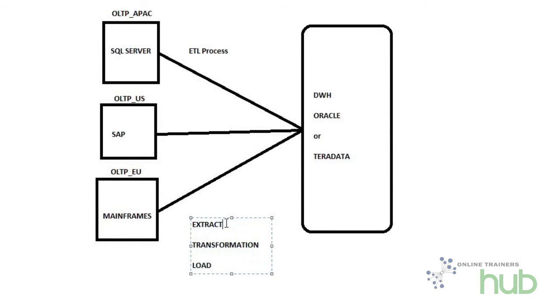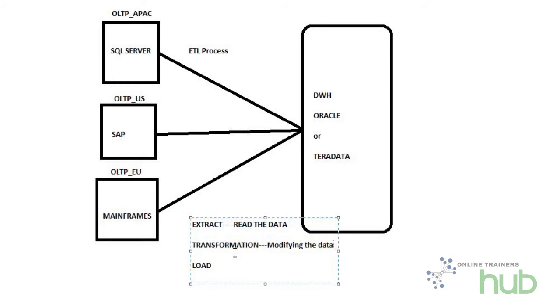Extraction is nothing but the reading of the data. How do you read the data from the databases? By using a select query. You read the data by using select queries, and then you transform the data. Transforming is nothing but modifying the data from one form to another, and applying the business rules, business validations, and data validations.